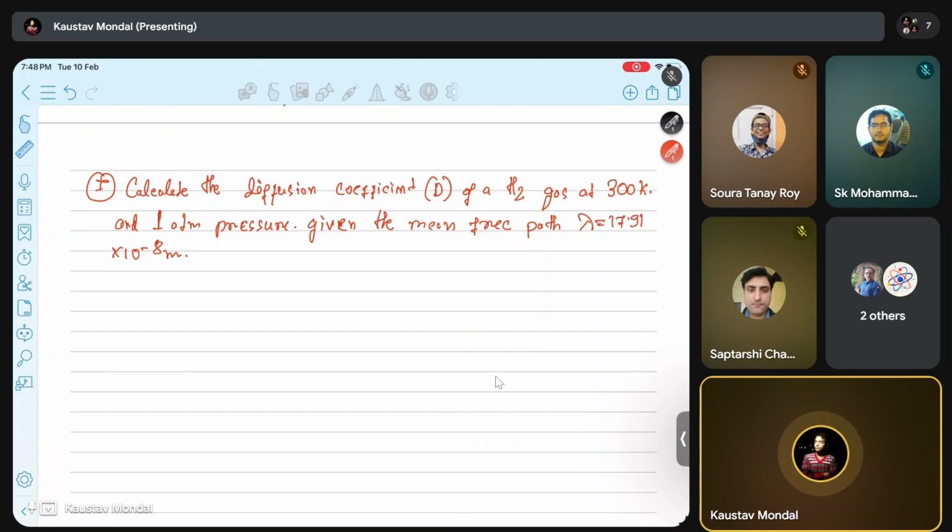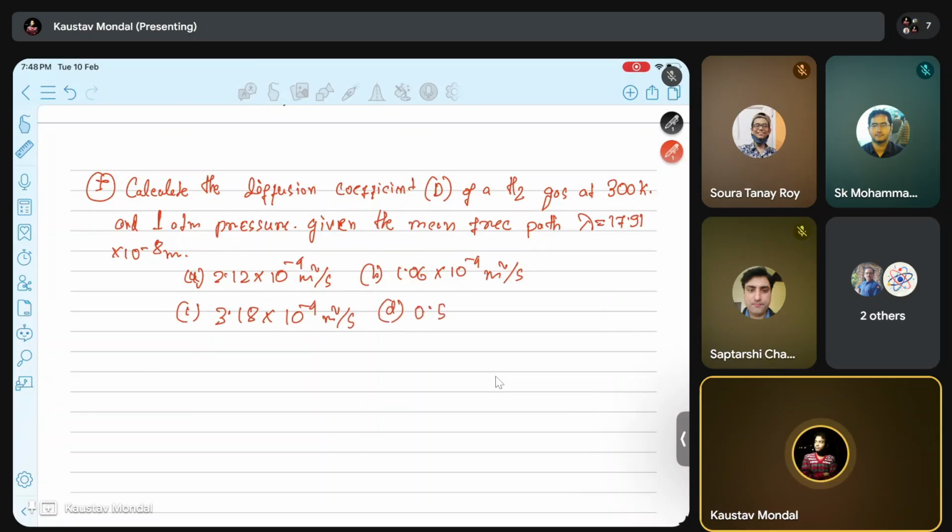So the options are: option A is 2.12 into 10 to the power minus 4 meter square per second, option B is 1.06 into 10 to the power minus 4 meter square per second, option C is 3.18 into 10 to the power minus 4 meter square per second, and option D is 0.53 into 10 to the power minus 4 meter square per second.